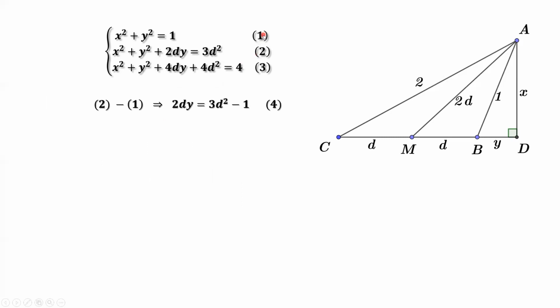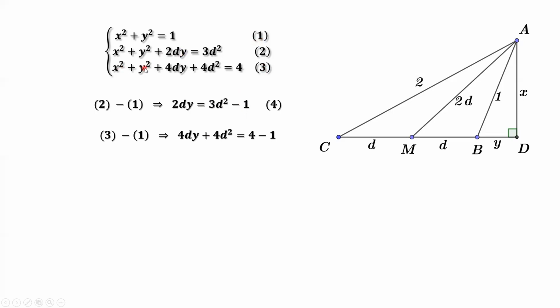Two minus 1. Second equation minus first equation. X squared plus y squared disappeared. The right-hand side is 3d squared minus 1. The left-hand side is 2dy. Result 3 minus result 1.